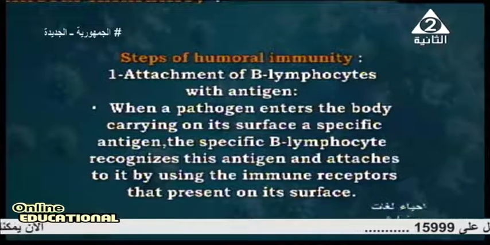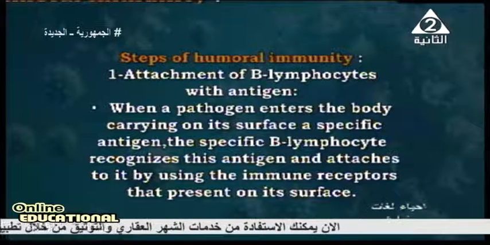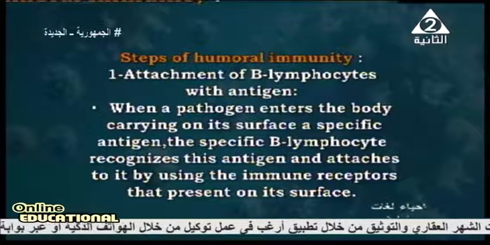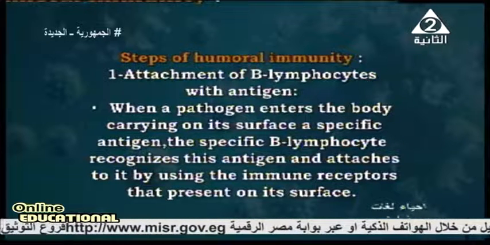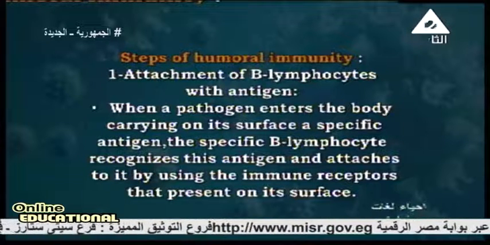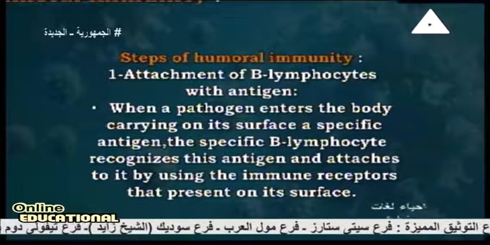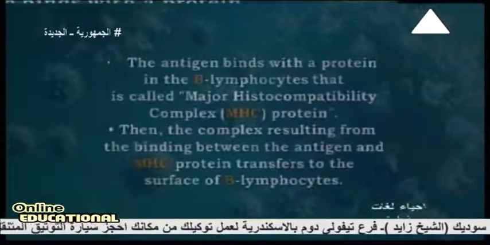These immune receptors are found on the B lymphocyte. So the B lymphocyte contains immune receptors, while the pathogen contains antigen. When they attach to each other, what happens? The B lymphocyte can kill the antigen.